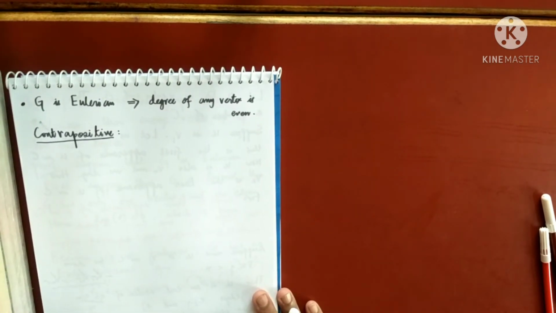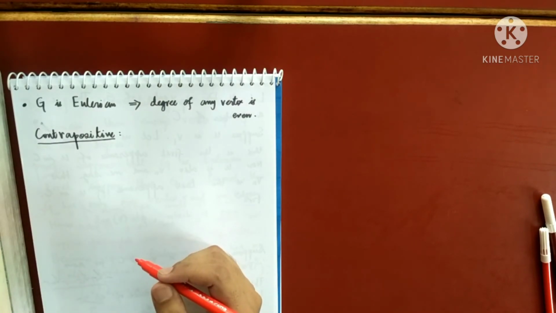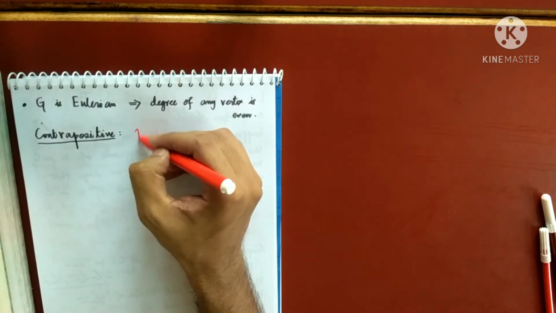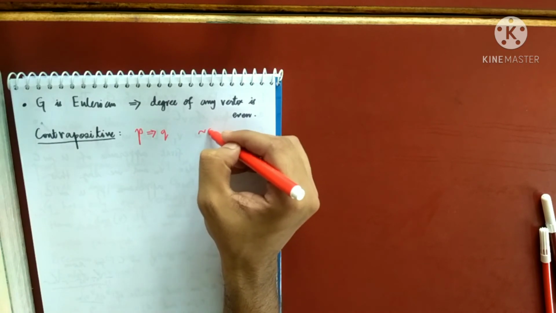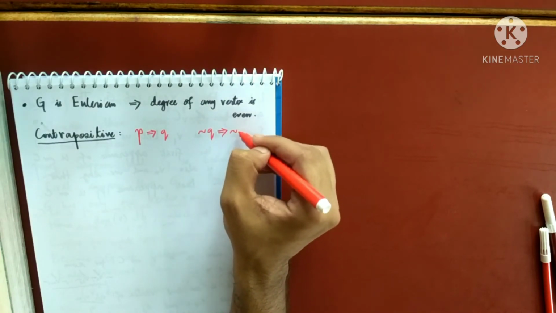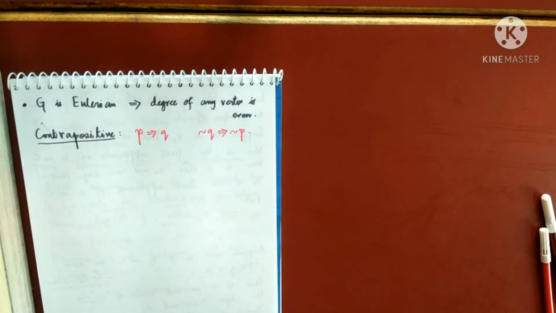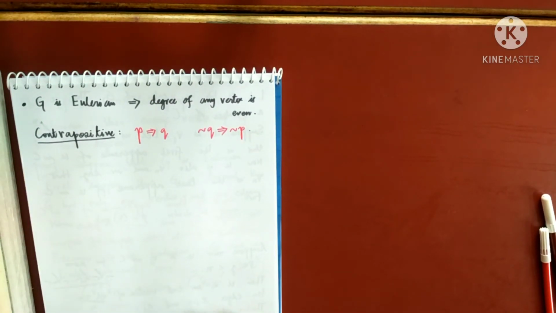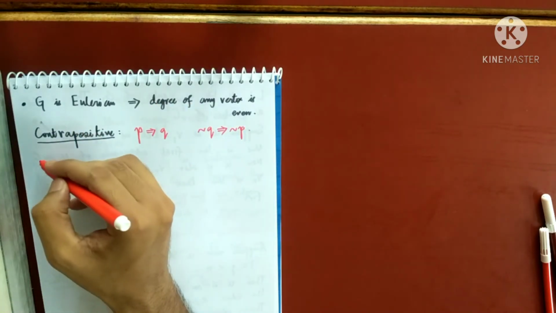See here, if the degree of any vertex is not even, then G is not Eulerian. Very good. The contrapositive of this statement is this: negation Q implies negation P. You should always remember this, it is a very important thing from logic. This is used in every subject, whatever you study, in analysis, in any course.